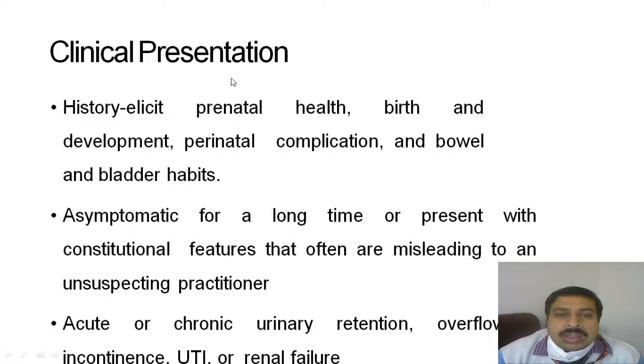But here in a neonate, the prime concern is about the urinary stream. We don't expect the child to come with pain, because the child would not be able to vocalize. So here we have to look carefully at the abdomen.